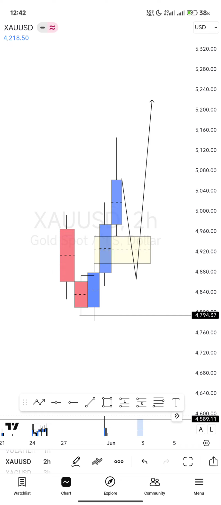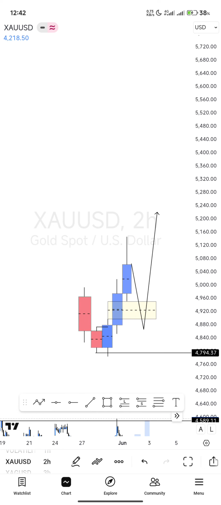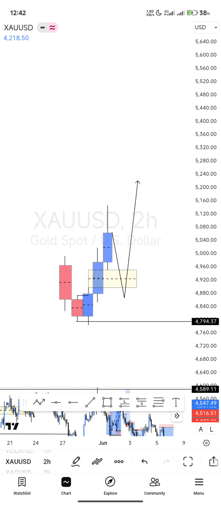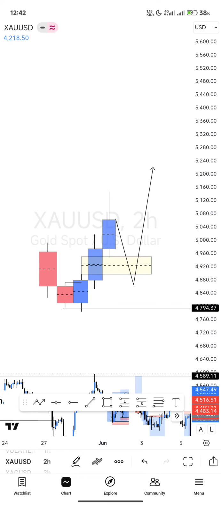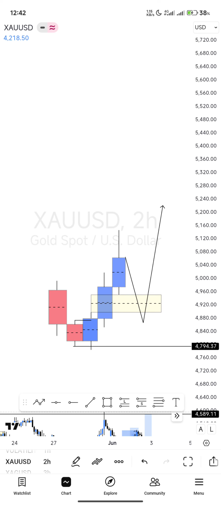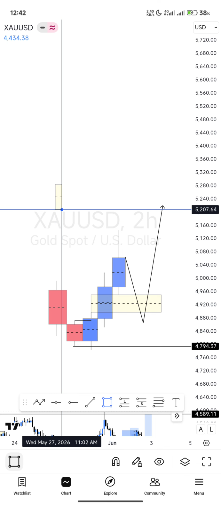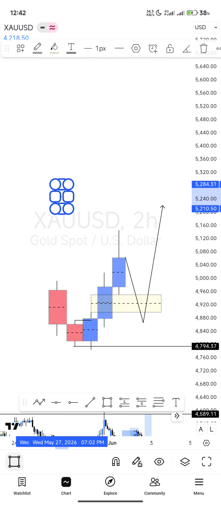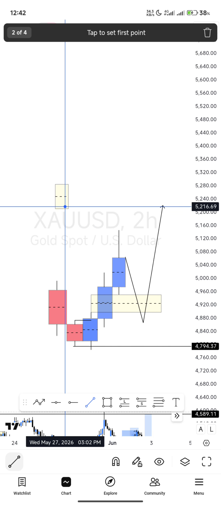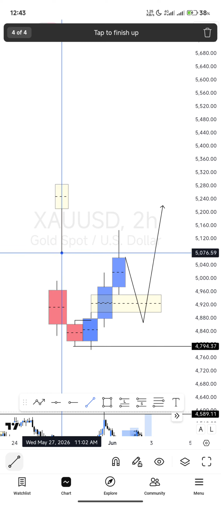Now, sometimes the order block is going to look like this. Let me see if I can duplicate this. So we have a bearish candle that has a very long wick.